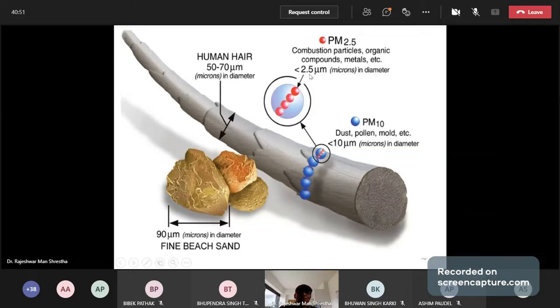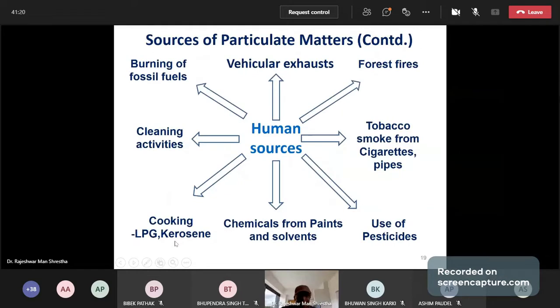It is also called PM 2.5 particulate matter, meaning particles less than 2.5 micrometers. Then there are particles less than 10 micrometers and more than 2.5. And the fine sand found on a sea beach is 90 micrometers.